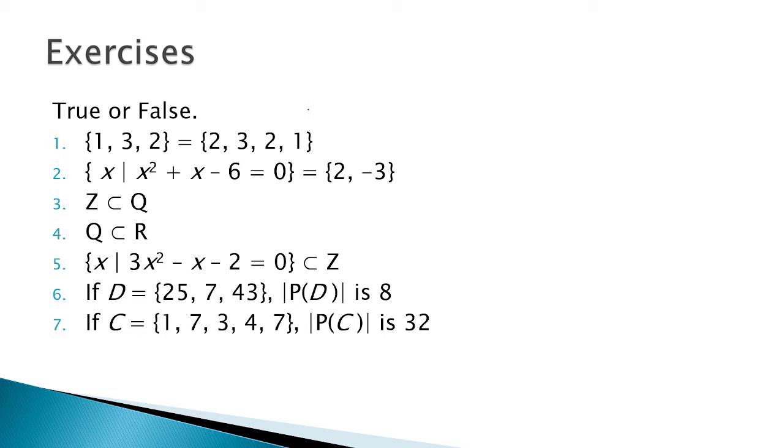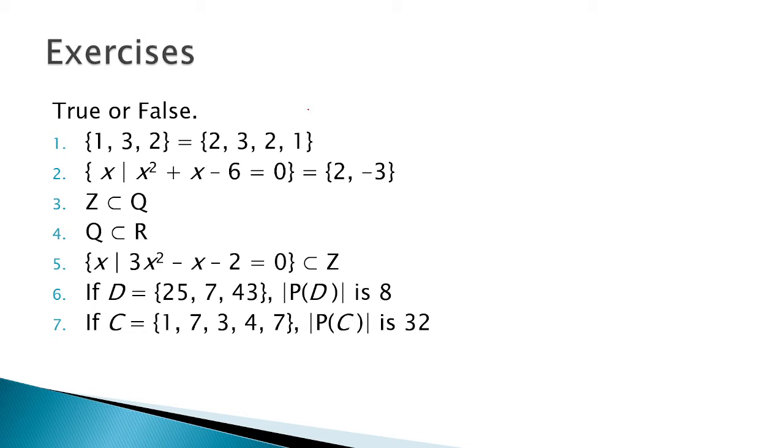Ibig sabihin nito, kailangan yung laman ng set natin ay all x that can satisfy this equation, kasi the roots, yung x natin ay yung x sa equation na binigay, which is x squared plus x minus 6.